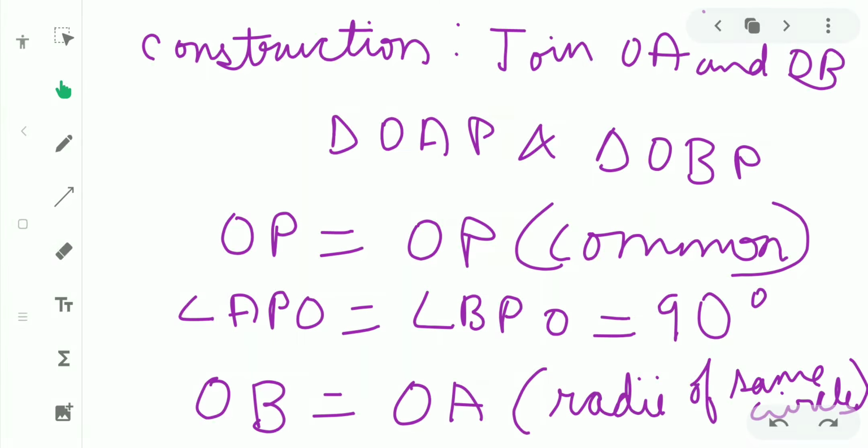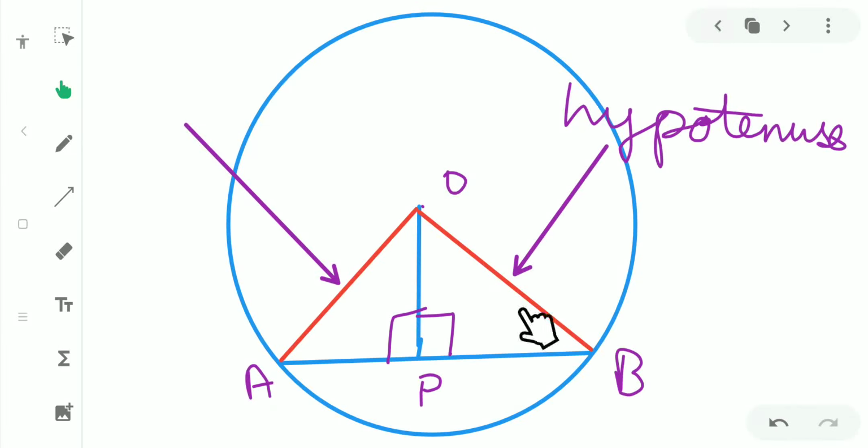So now RHS: R is nothing but right angle, which is 90 degrees, and H is nothing but hypotenuse. As this is the hypotenuse, we can have hypotenuse and we will have side, RHS. So by RHS you can prove it, and you can also do it as SAS, but here I am going with RHS.